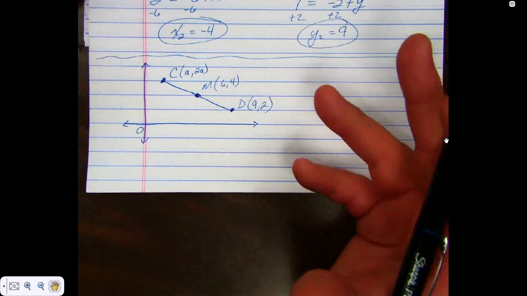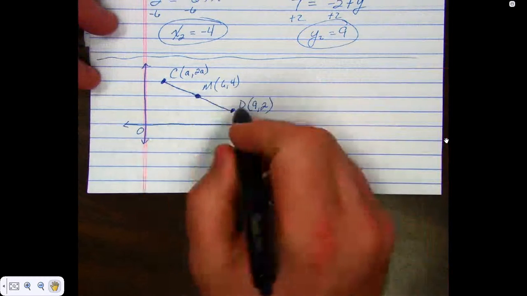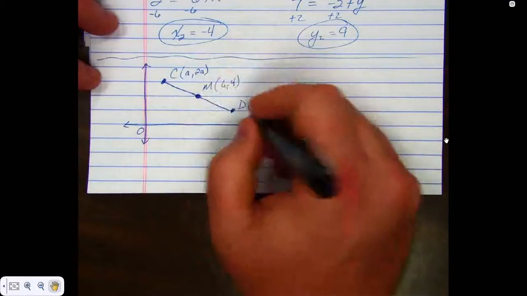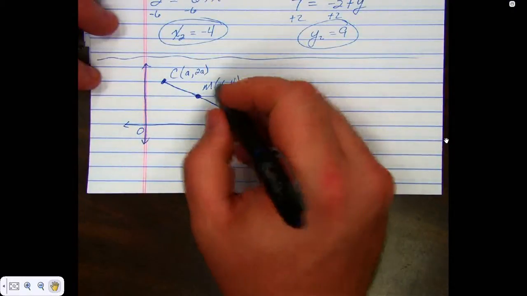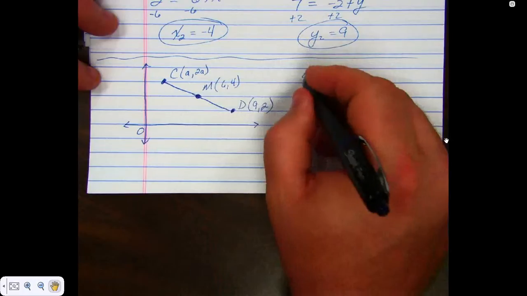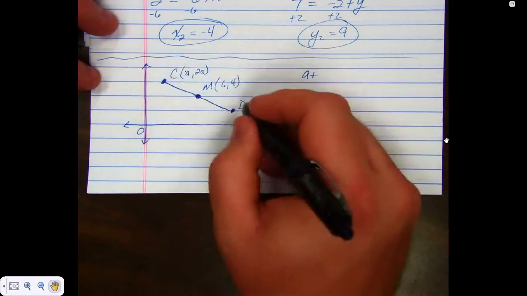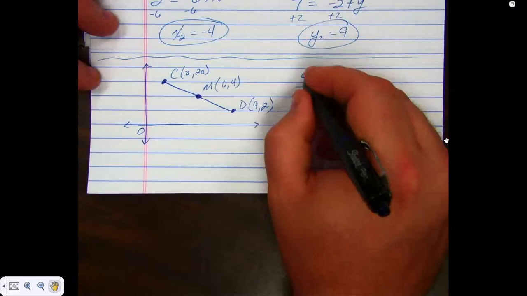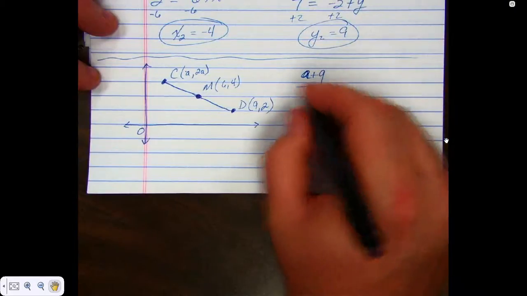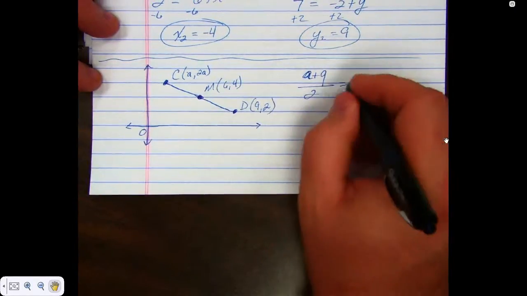And how do these relate to each other? Well, this is the midpoint, so these two x coordinates added together divided by 2 should equal that, should it not? So to find 6, I would do A plus what? 9, over 2 should equal what? 6.